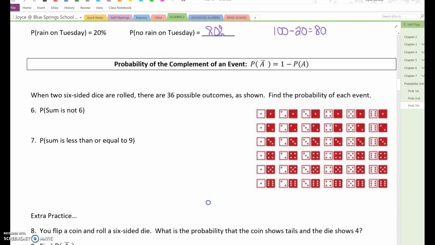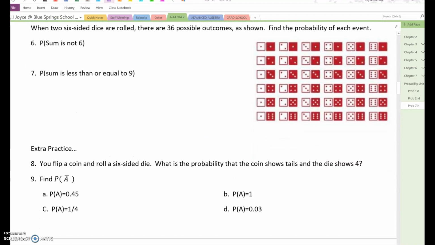So, if we look down at the bottom of this page, if I tell you that the probability of event A is 0.45, the probability of not A, with a bar on top meaning not A, would be 1 minus 0.45, which is 0.55.